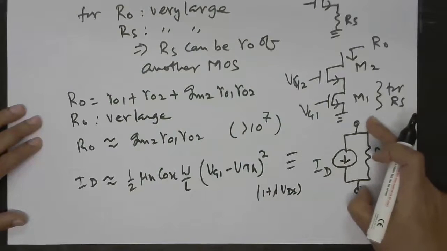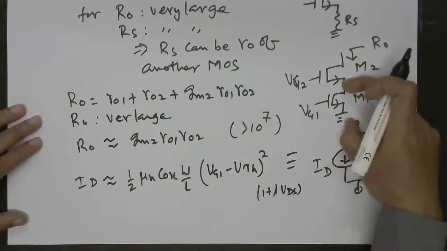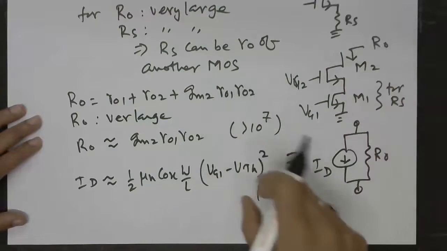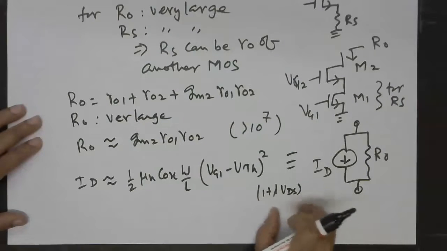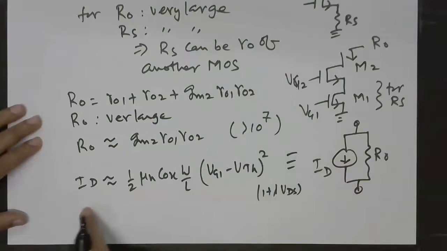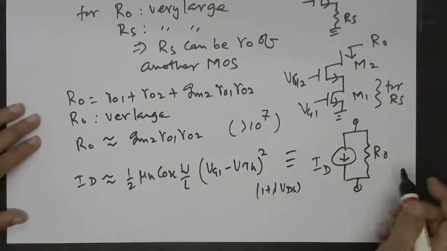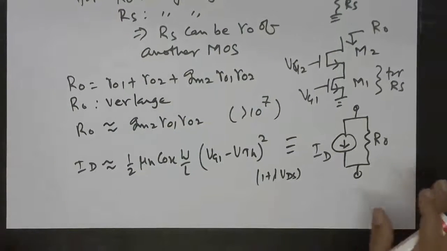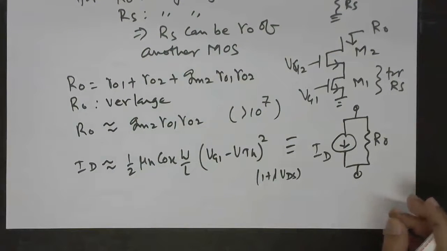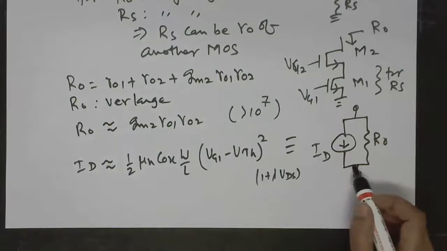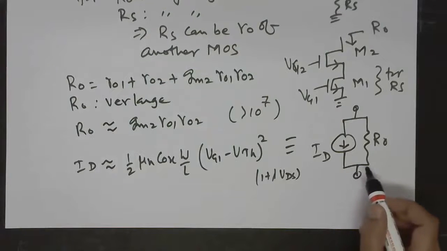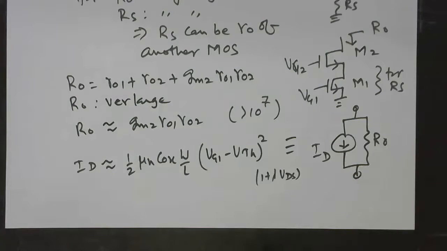But now that impedance is very large, so this DS variation will have very little effect. So this factor in fact can be neglected, and what you will get is current approximately equal to this. So this is one of the main applications, in creating a more ideal current source, a better practical current source rather.